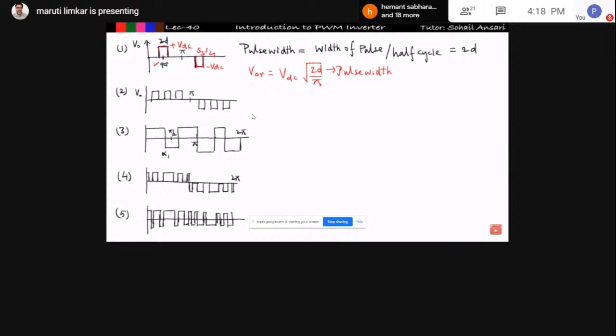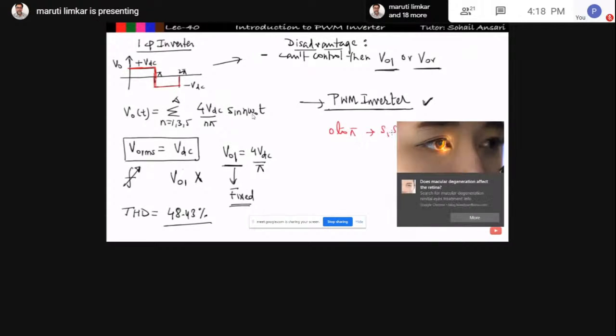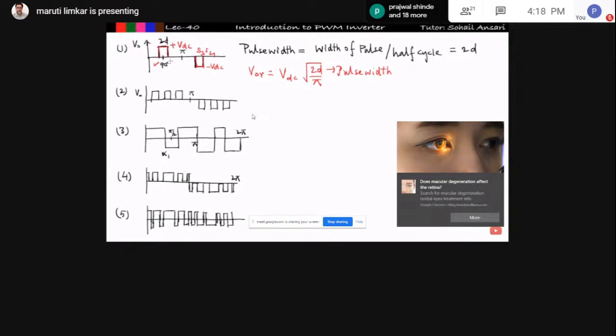In the earlier case, from 0 to pi I was turning on S1 and S2, so I was getting V0 equal to VDC from 0 to pi. But now I will turn on S1 and S2 only for a fixed duration, symmetrical in nature, with a pulse width of 2D.